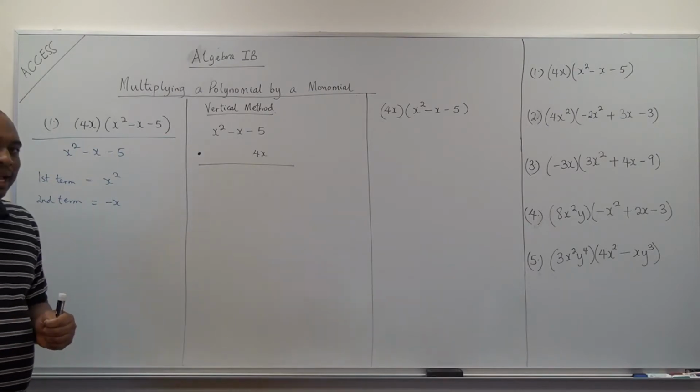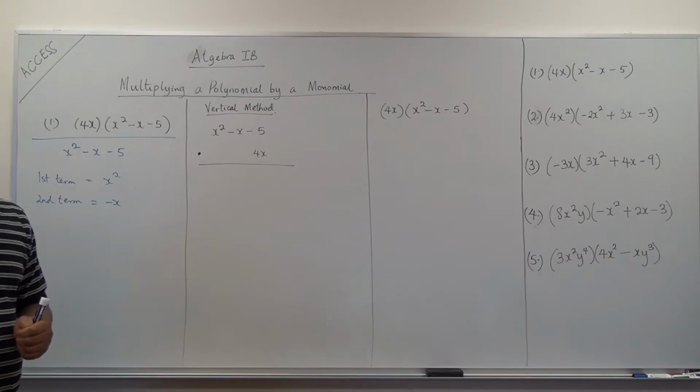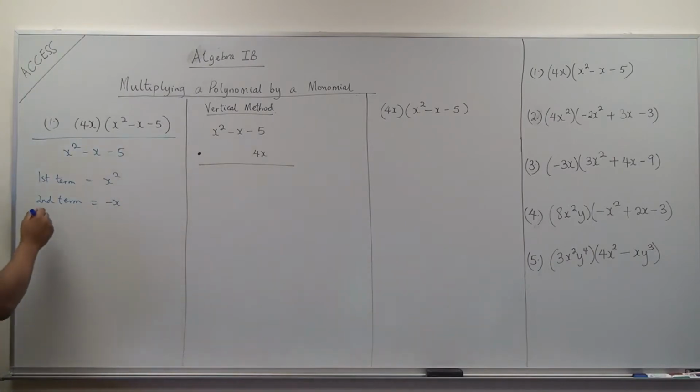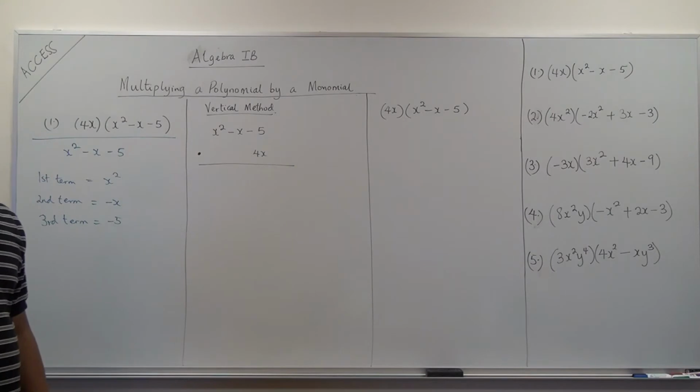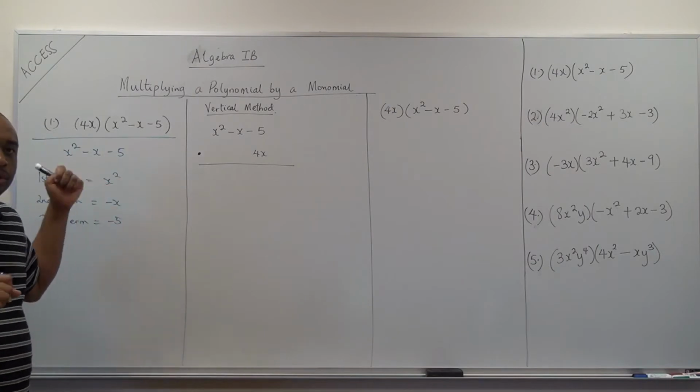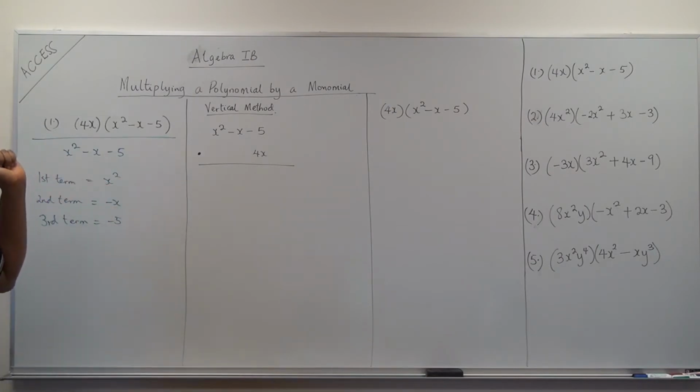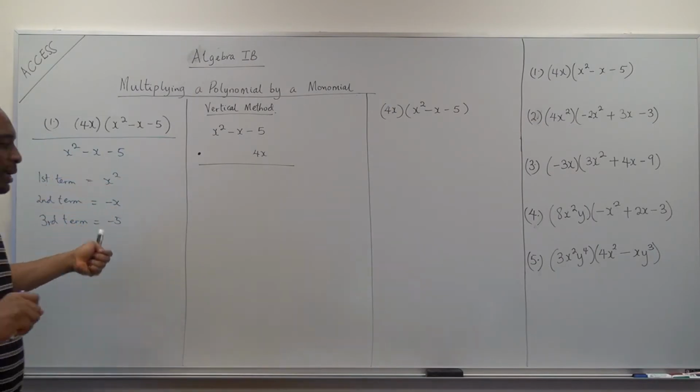If it has a negative included with it, it is important. And the third term is negative 5, not just 5. This is something that I want to illustrate here before we now begin.